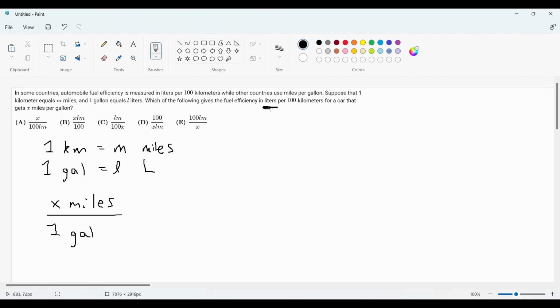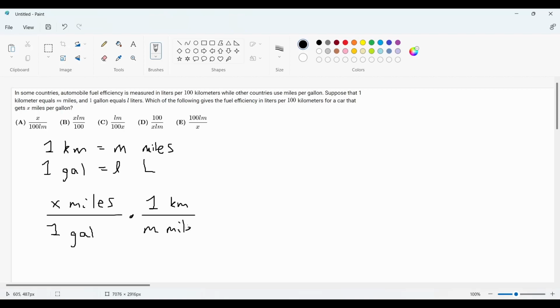It looks like the volume is on top and the distance is on bottom. So what I'll do is I'll find the reciprocal of this. I'll find kilometers per liters, and then I'll worry about messing with the details. So first, let's convert the miles to kilometers. We can do that by multiplying by 1 kilometer over m miles.